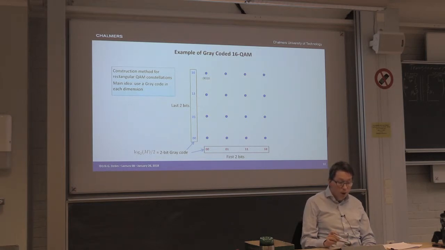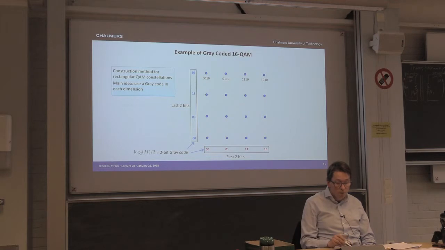So the first point here would be 0, 0, 0, 1, 0, 0 from down here, and 1, 0 from here. So the first row here, all of them will end in 1, 0. So 0, 0, 1, 0, ends in 1, 0, ends in 1, 0, ends in 1, 0. So ends in 1, 0 along that axis.